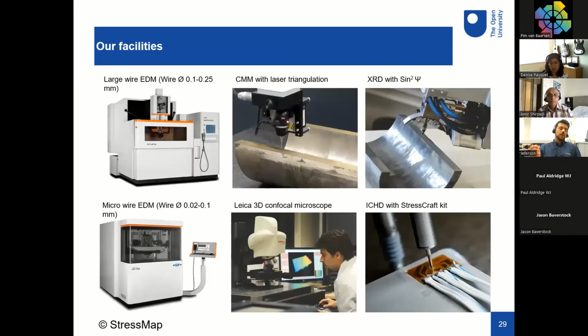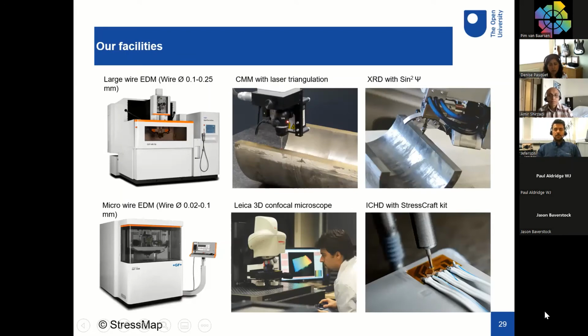Oh, okay. So I'm just presenting here the facilities that we have in-house to process the data and to do the measurements. We have a large EDM machine to cater for samples up to 550 millimeter long.